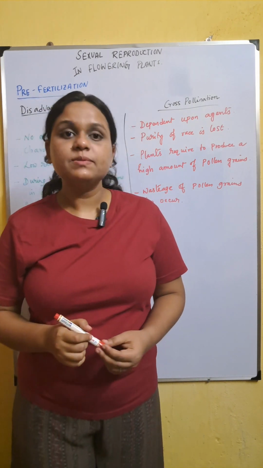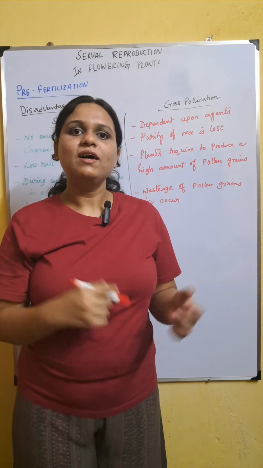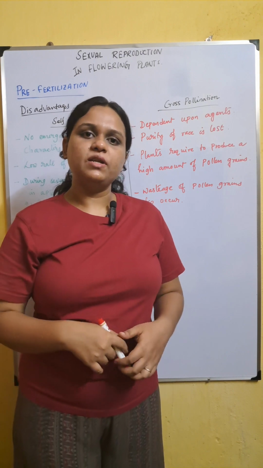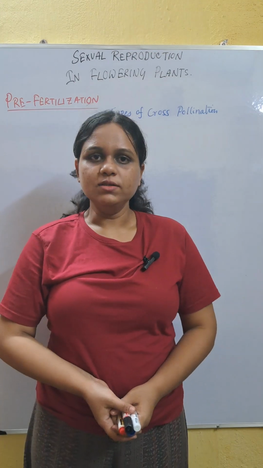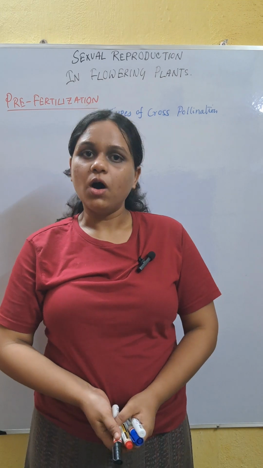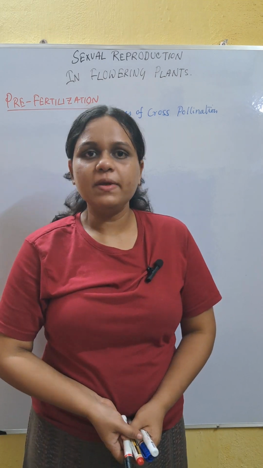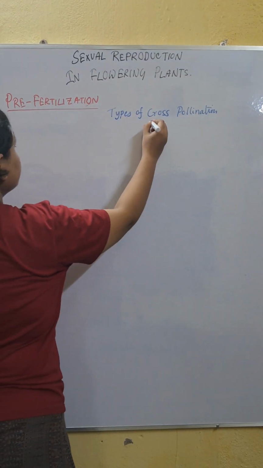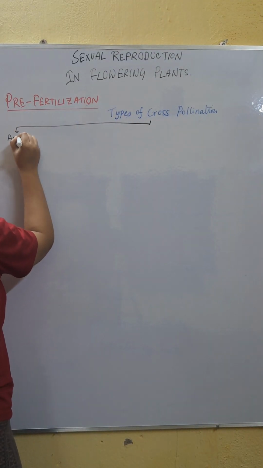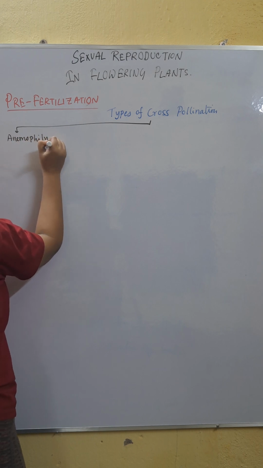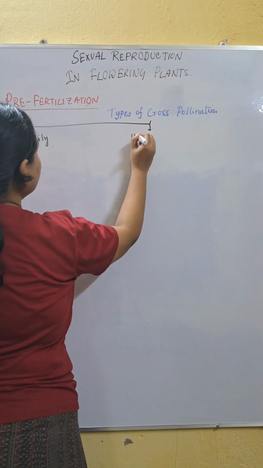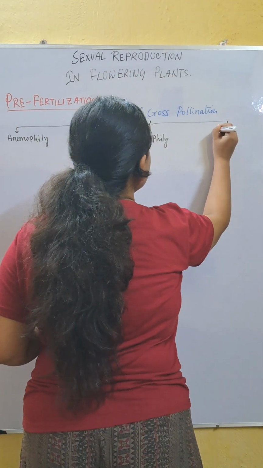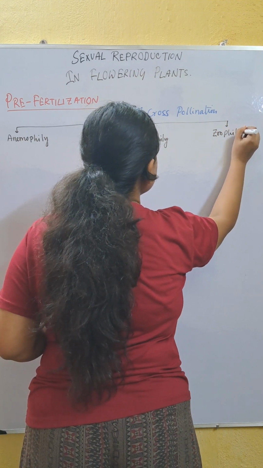So now we have discussed the advantages and disadvantages of self-pollination and cross-pollination as well. Based on types of pollinators or agents, cross-pollination can also be classified into three types. So here are anemophily, hydrophily, and zoophily.